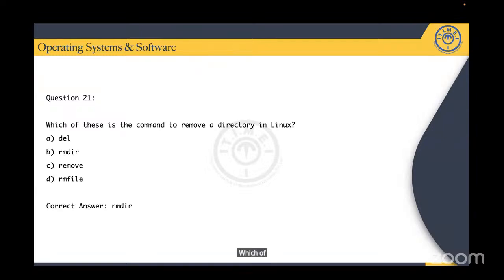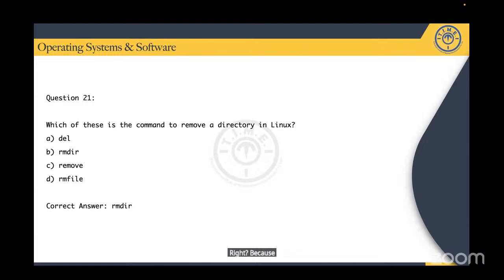Which of these is the command to remove a directory in Linux? Even in the question itself, we have the clue to remove a directory. So by seeing the options, we can easily say option B, RMDIR, right?